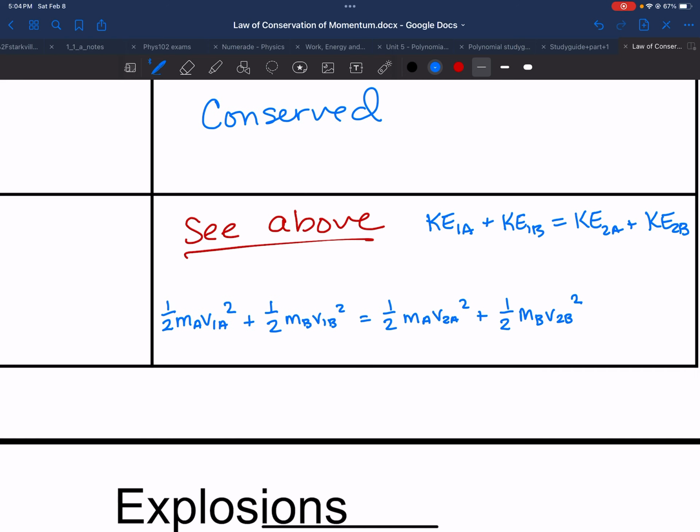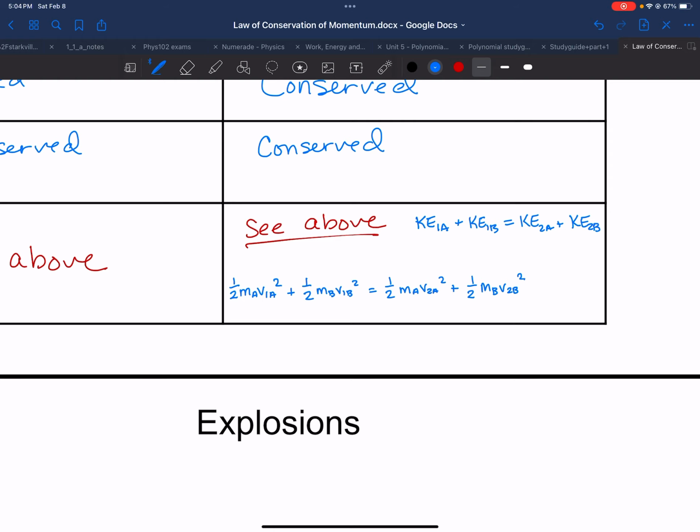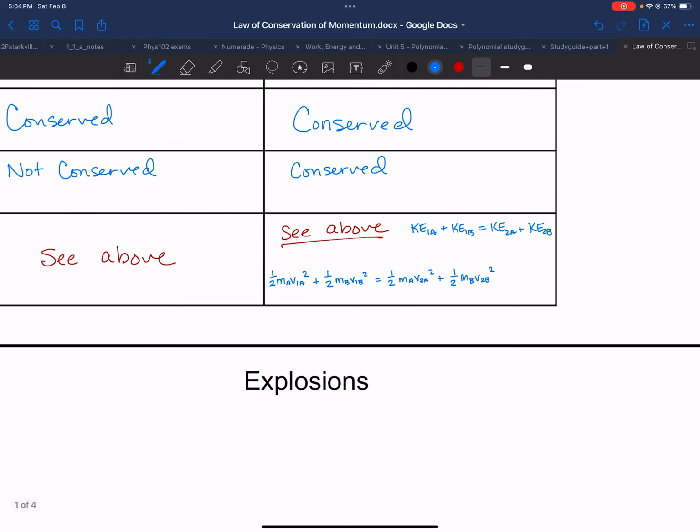Now, we will get to this again, like I said, at the beginning of next week. There is an equation that takes both our conservation of momentum and our conservation of energy and puts it together in one equation. That's kind of another little shortcut for you. So again, we'll talk about that in a little bit.